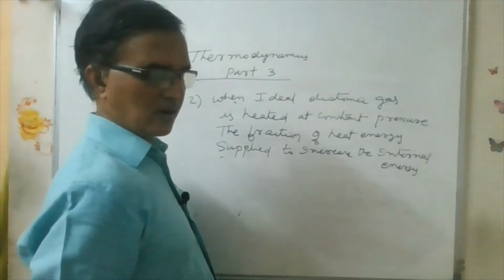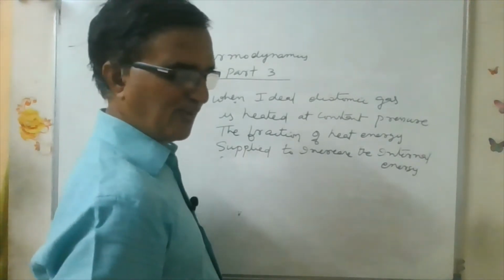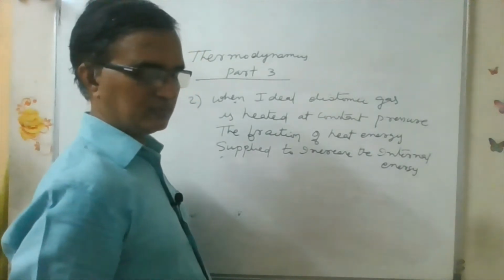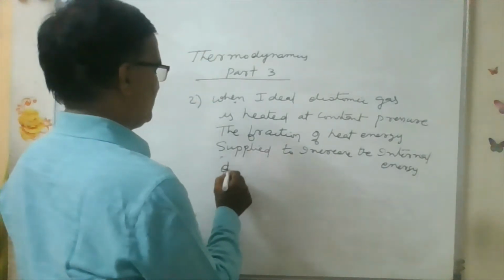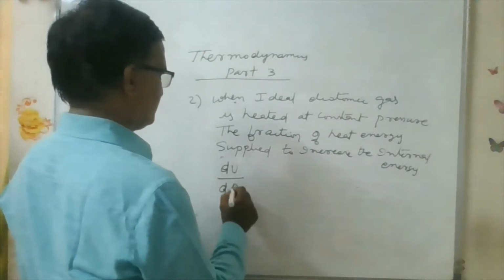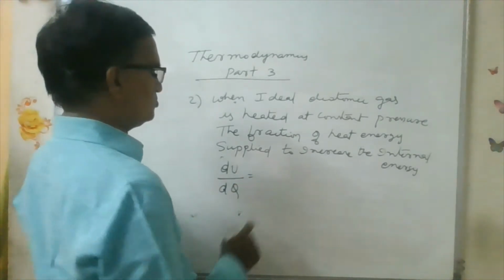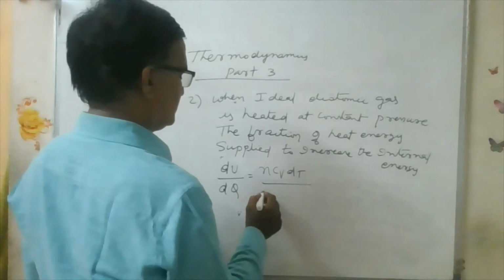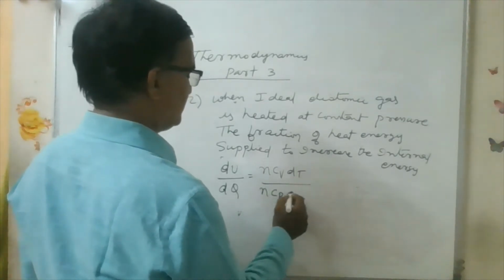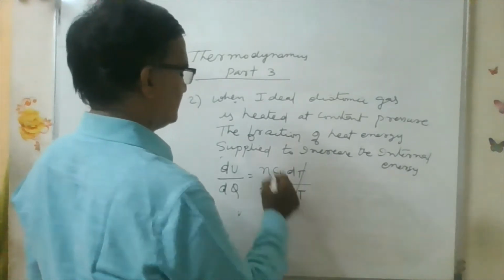Now here, to increase the internal energy, we need dU by dQ. dU is equal to n Cv dT.